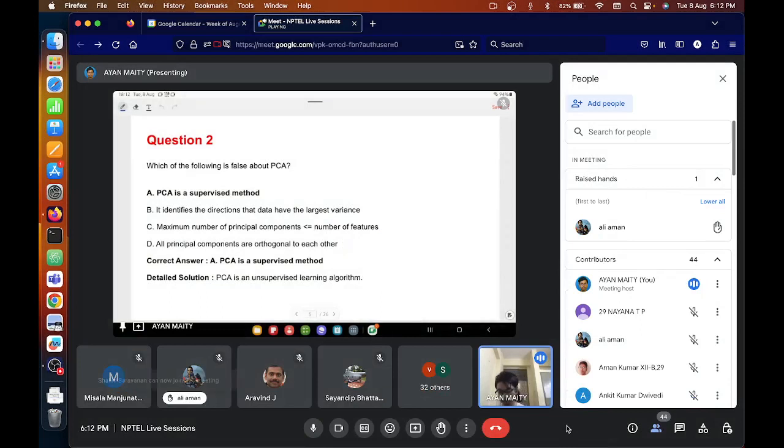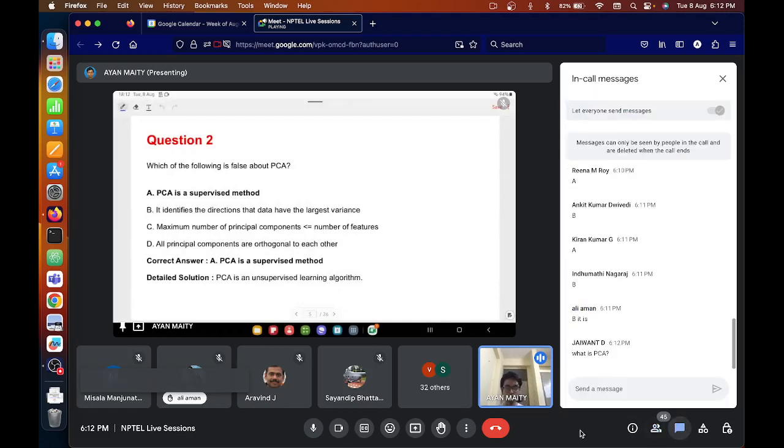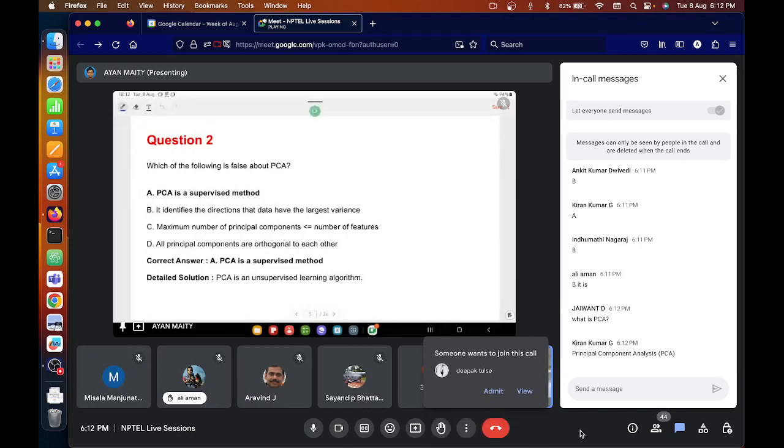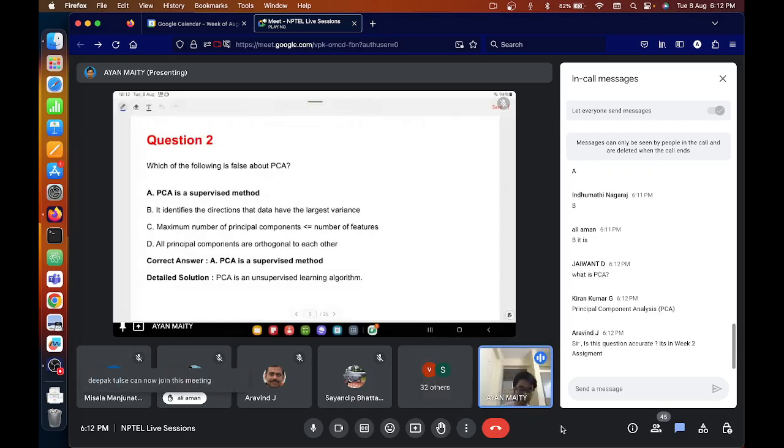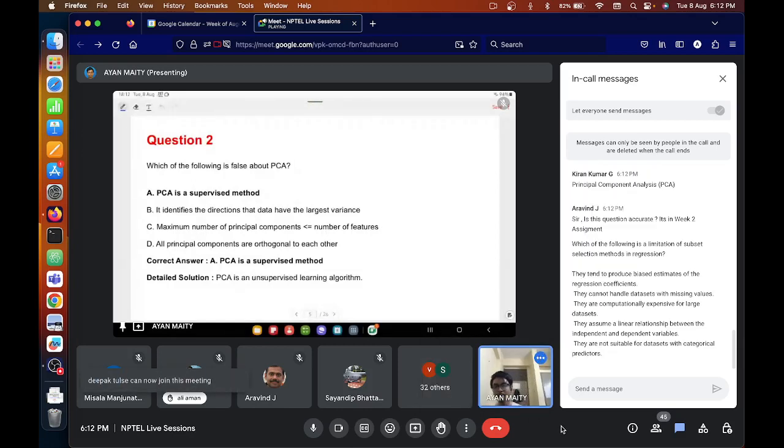It doesn't use the output or target variable, or the Y as we use in machine learning. It is solely based on the input features, or the X in case of machine learning. So as it does not use the target variable, it is an unsupervised learning algorithm. It uses only the input features to reduce the number of features in the data.